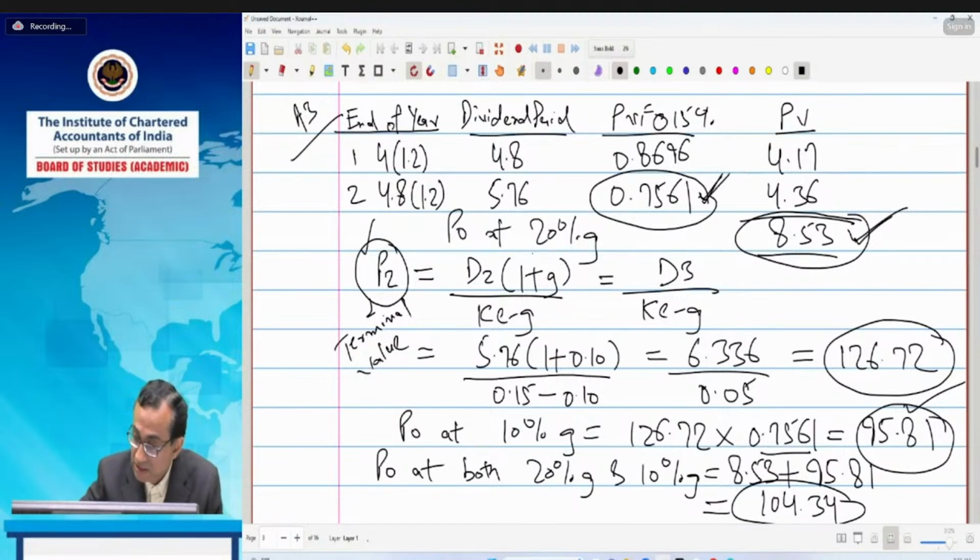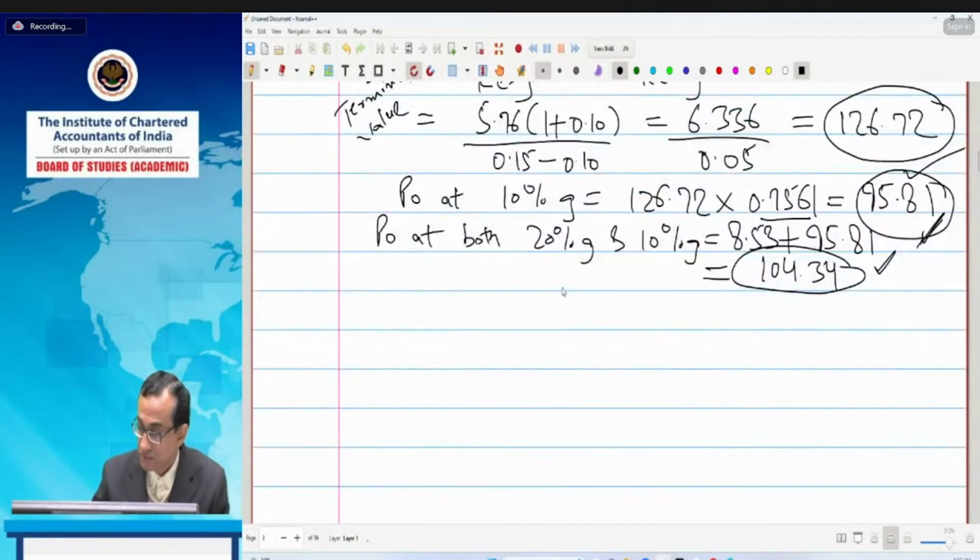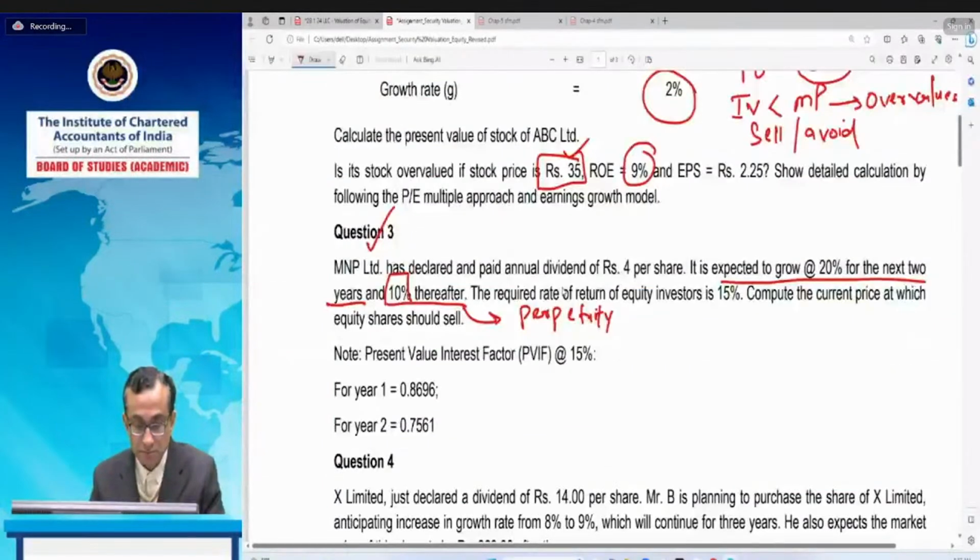So this 95.81 is the present value at the 10% growth rate, and 8.53 is the present value at the 20% growth rate. We add both these figures to arrive at 104.34. Okay, now come to the next question. Question number 4.